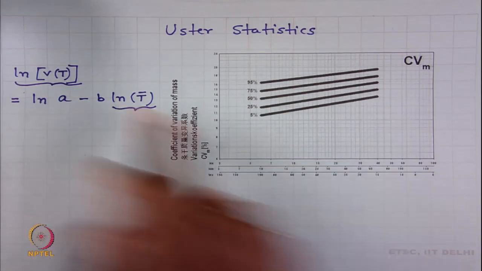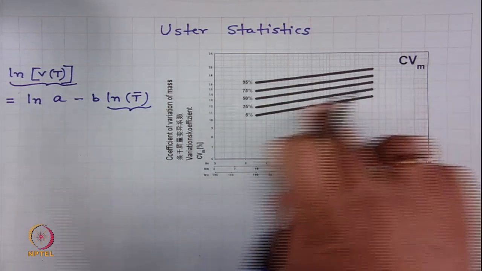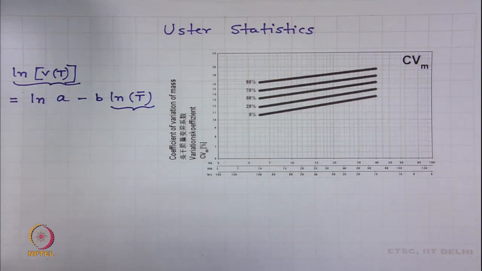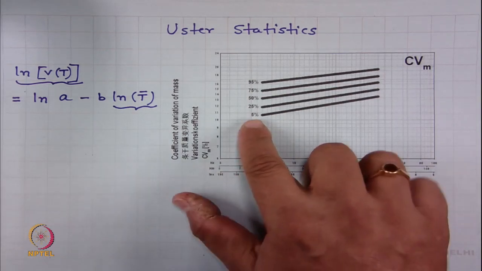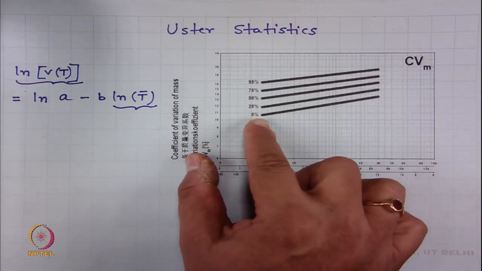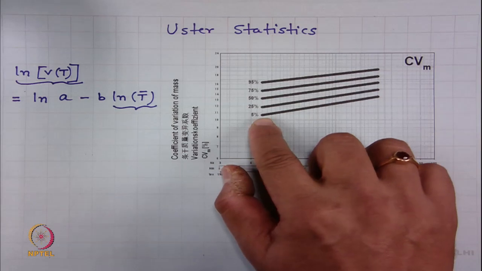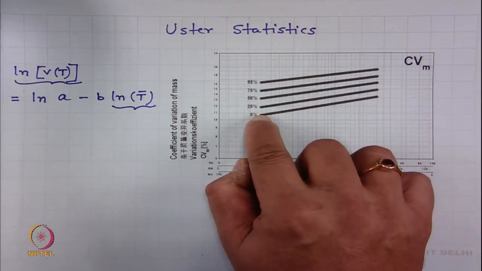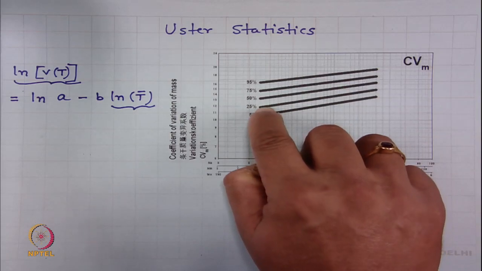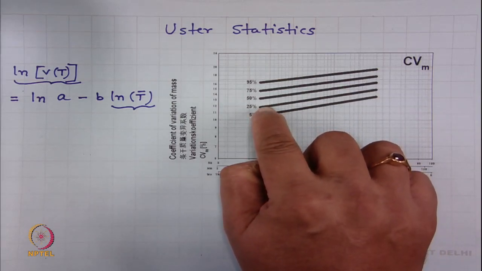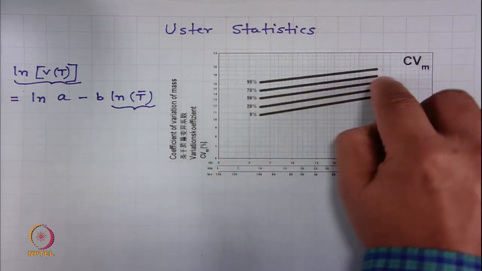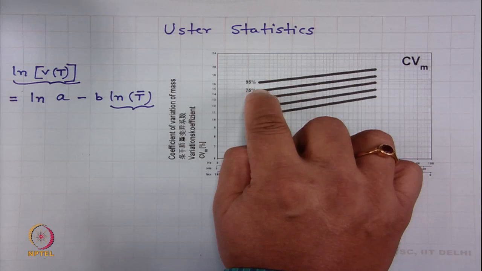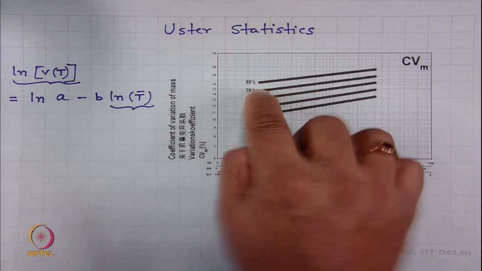If t bar is tex, it starts from here to here. 5% of the textile companies considered by Uster show this trend. 25% of the companies in the world surveyed by Uster show this trend. 50% of the companies worldwide show this trend. 75% of the companies surveyed show this trend, and 95% of the companies worldwide surveyed by Uster show this trend.